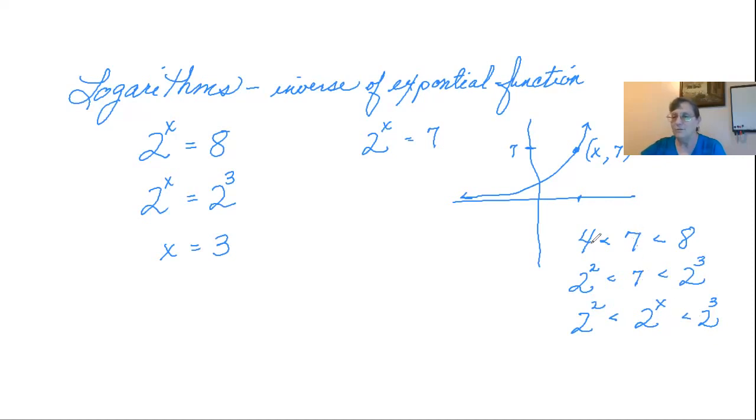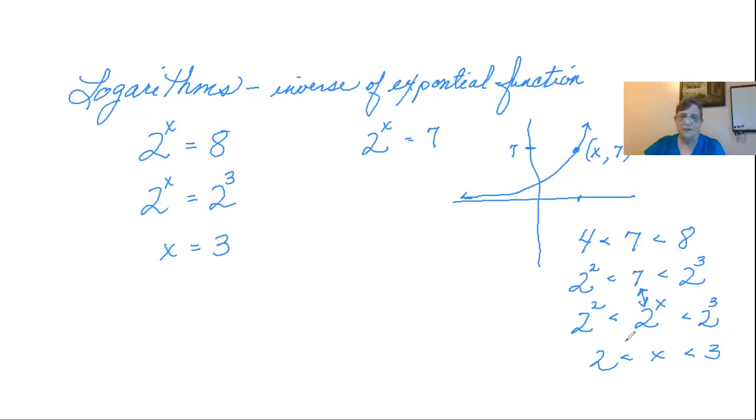In other words, 7 is between 4 and 8. So here the x has got to be between 2 and 3 if 2 raised to the x is going to equal 7. So there's some value between 2 and 3 that will make 2 raised to that power equal 7.